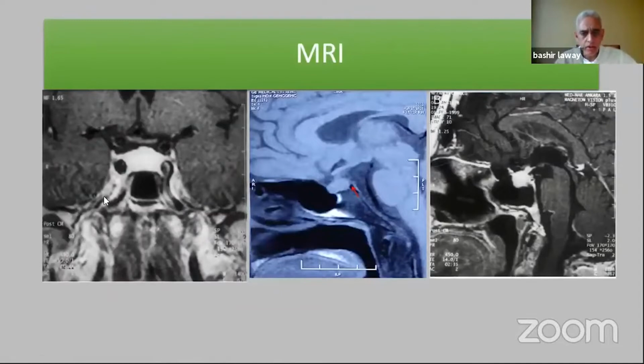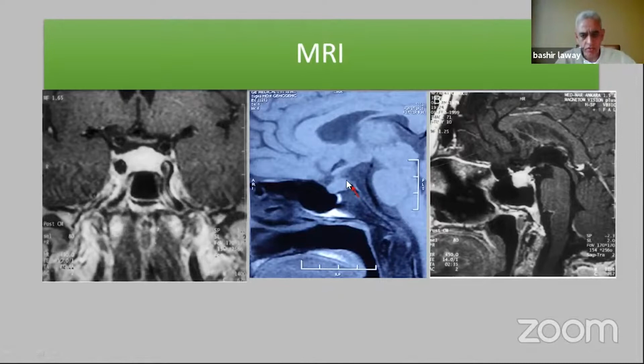So MRI is classical. I have shown 3 pictures here. This picture is the post-contrast film of lymphocytic hypophysitis. You can see enlargement of the pituitary with diffuse and intense enhancement. This is a sagittal view, pre-contrast.